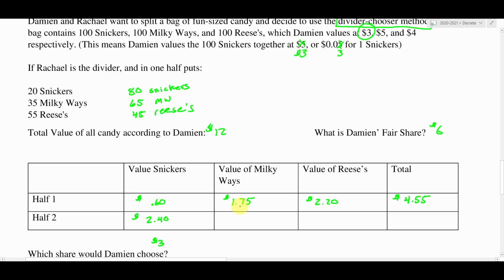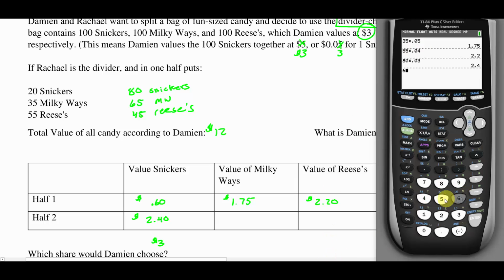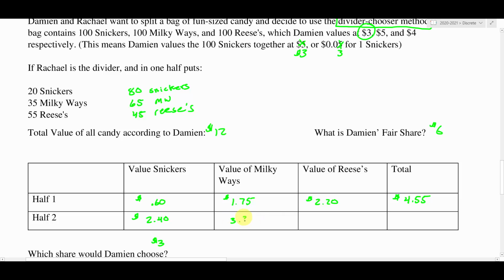Okay, so now if I do the Milky Ways, it'll be 65 Milky Ways, and those are valued at 5 cents a piece. So we have 65 times 0.05, which is a grand total of $3.25. So there are $3.25 worth of Milky Ways in half 2. And again, if I add up these two values from both halves, we get a grand total of $5, which is exactly what we wanted.